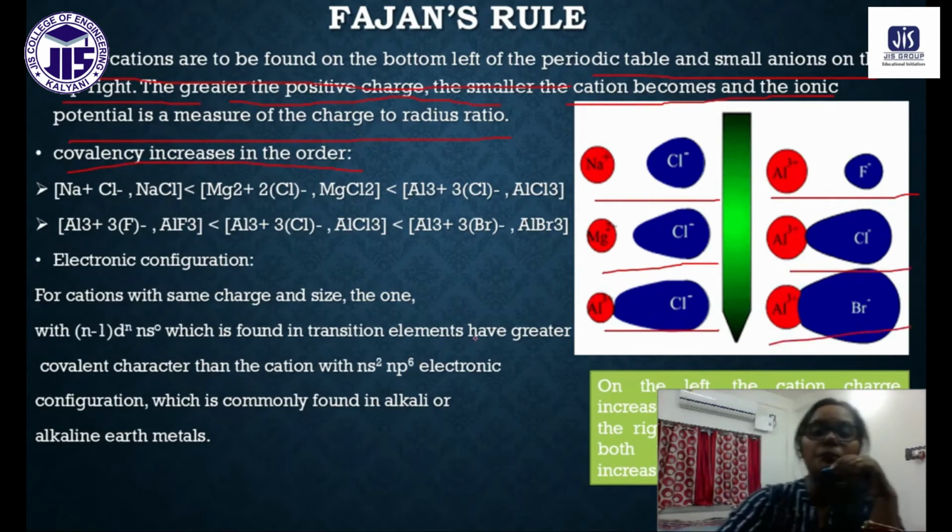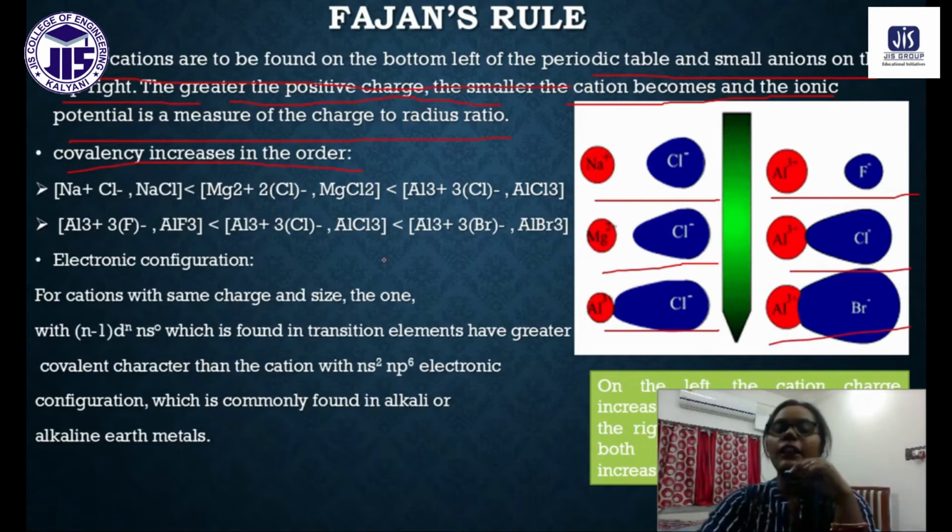For aluminum bromide, the covalent character is higher because of the size effect, because of the charge to radius ratio. All this is because the charge to radius ratio is high. That is why covalent character will be higher.